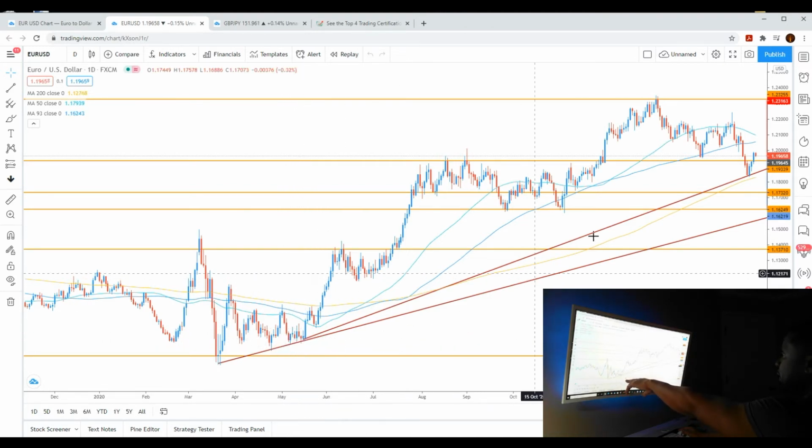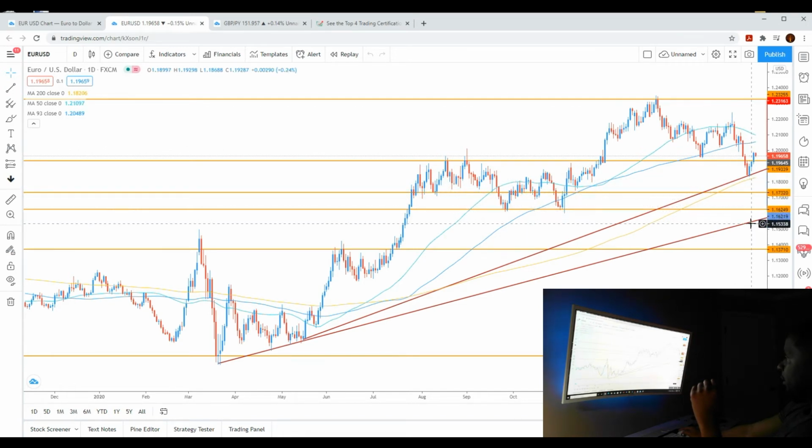If you can draw another, inner trend line, usually what happens is it breaks through this area and retests either this lower trend line or one of these support levels.